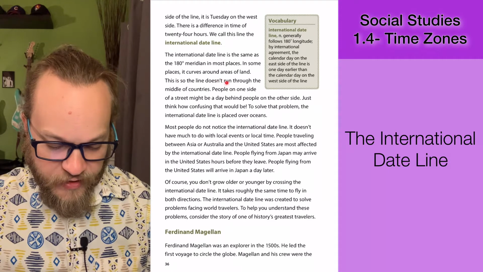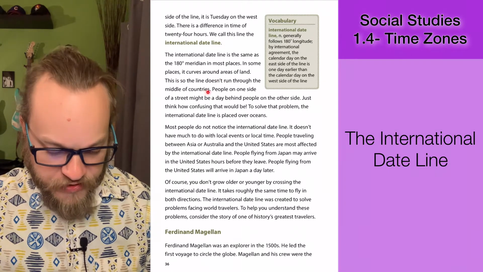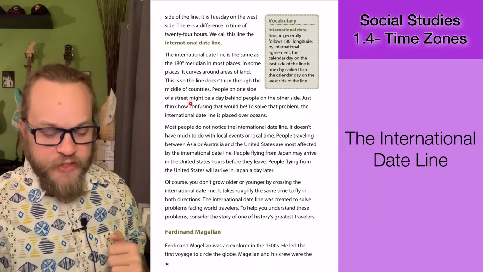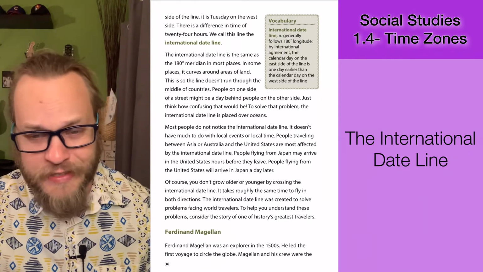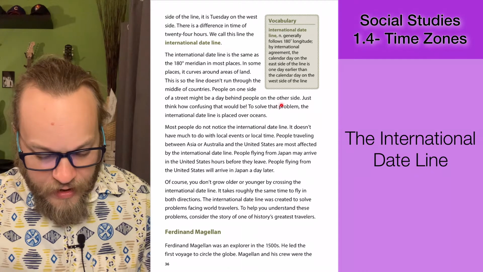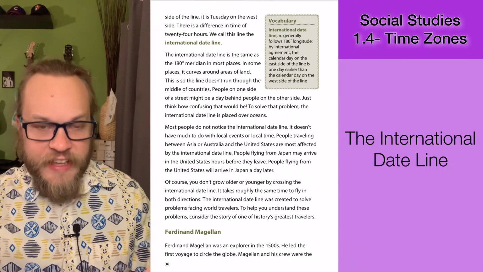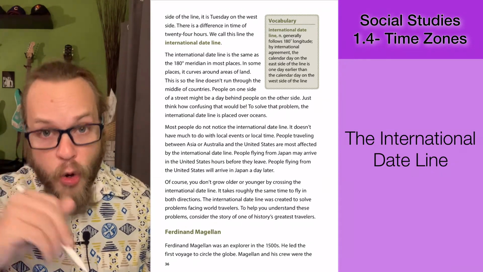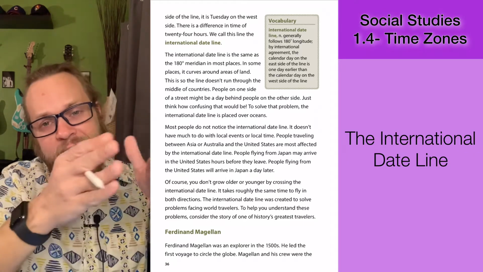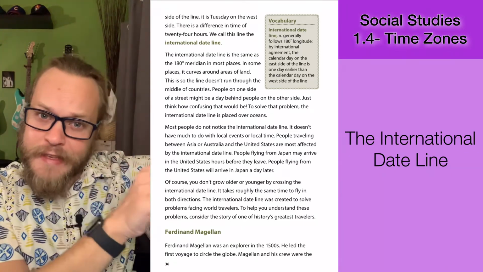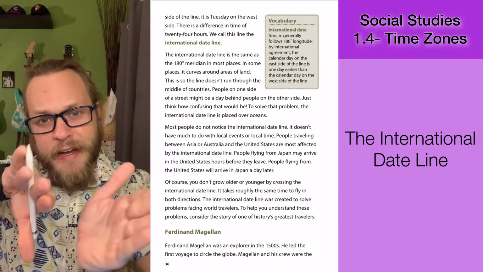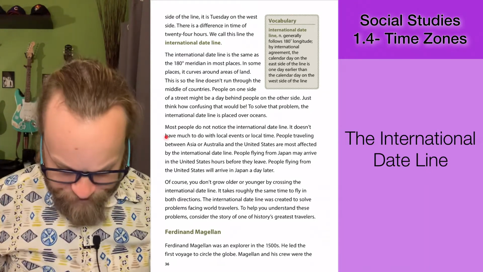This is so the line doesn't run through the middle of countries. People on one side of a street might be a day behind people on the other side, and that would be just confusing. So, to solve that problem, the international date line is placed over ocean. So if it ever crosses land, we alter the line to say, everybody on this side, you're on this date. Everybody on this side, you're on that date.